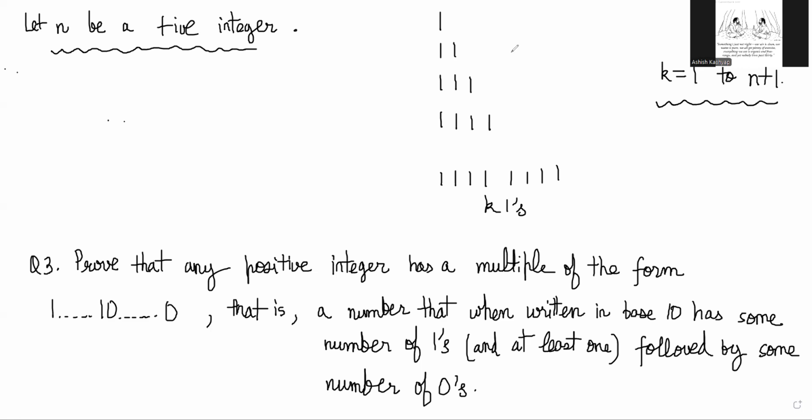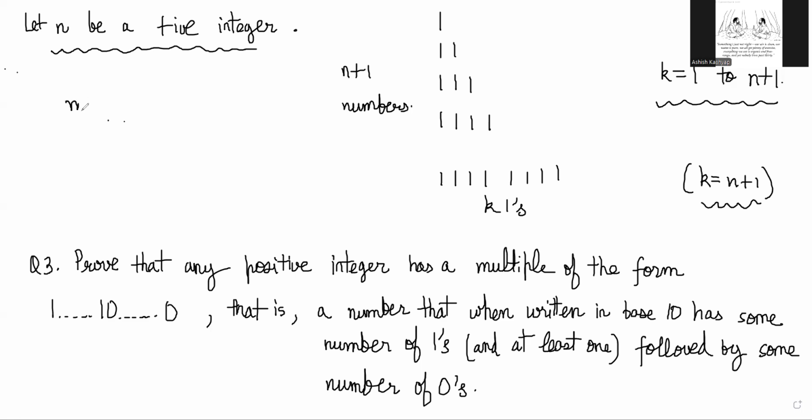So basically, starting from here, up to k becomes n plus 1 here, right? Do you understand what I'm saying? Yes. So there are n plus 1 numbers here, right?